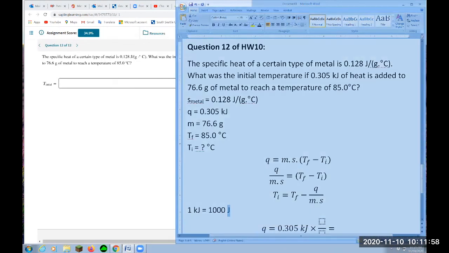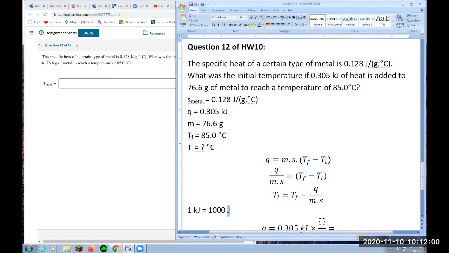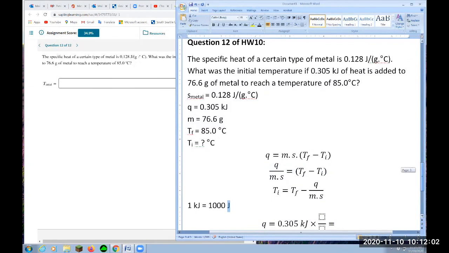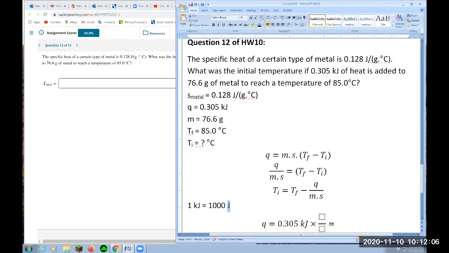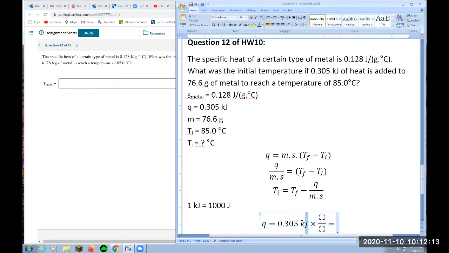The given amount we start with is 0.405 kilojoules of heat. Because we have kilojoules in the numerator here, we want to have kilojoules in the denominator of the conversion factor, and then 1,000 joules in the numerator.